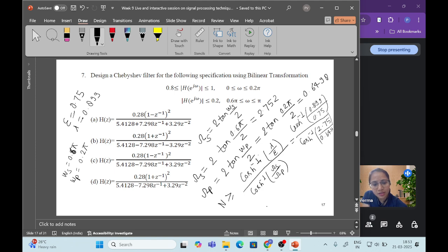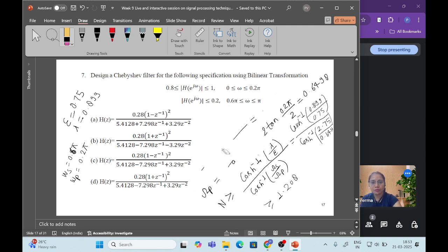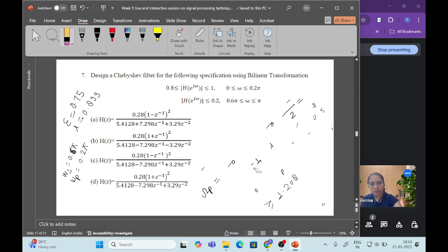Just calculate all those values by calculator. You will get 1.208. The order of the filter you will get is 1.208. So till here we have calculated. Now next what we need to do, just remember all those values.